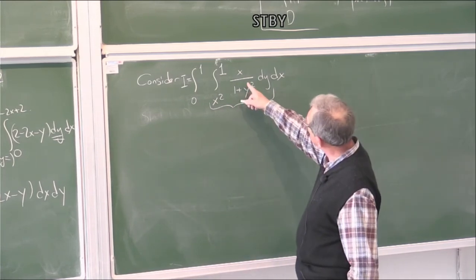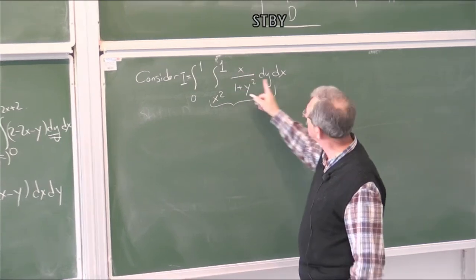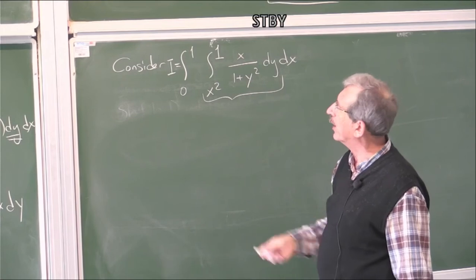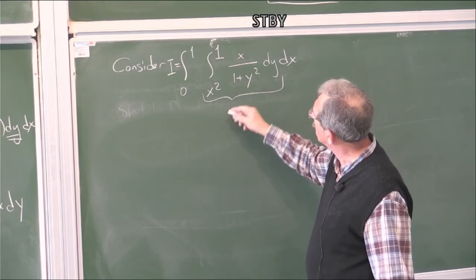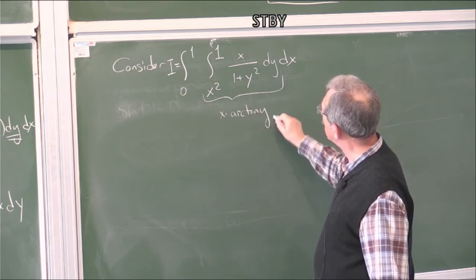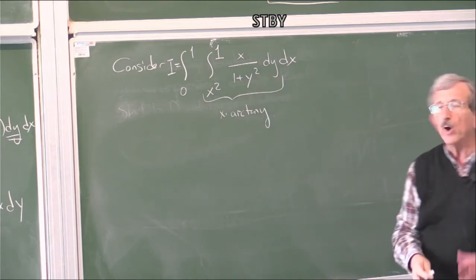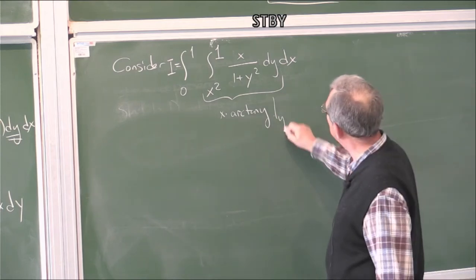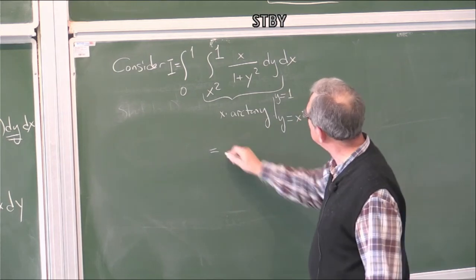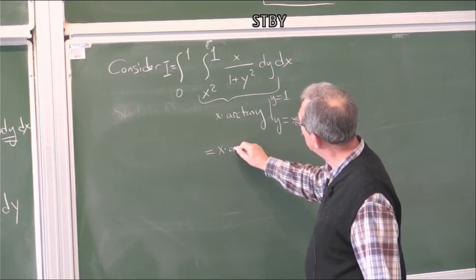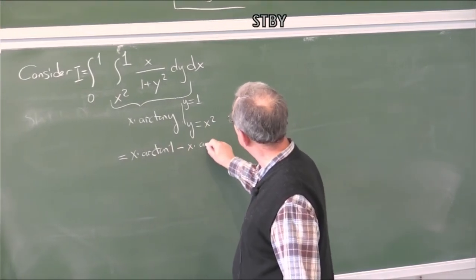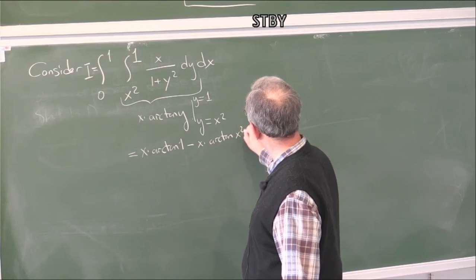That, obviously, is 1 over, x is a constant because the variable is y. We have 1 over 1 plus y squared. So it is nothing but x times arctangent of y. Its derivative is 1 over 1 plus y squared. And y changed from x squared to 1, which means that we have x times arctangent 1 minus x times arctangent of x squared.